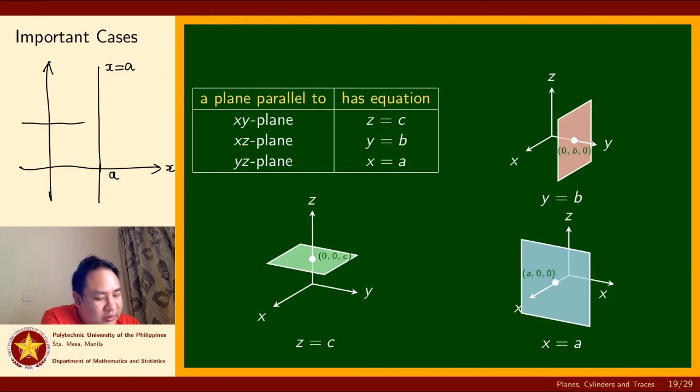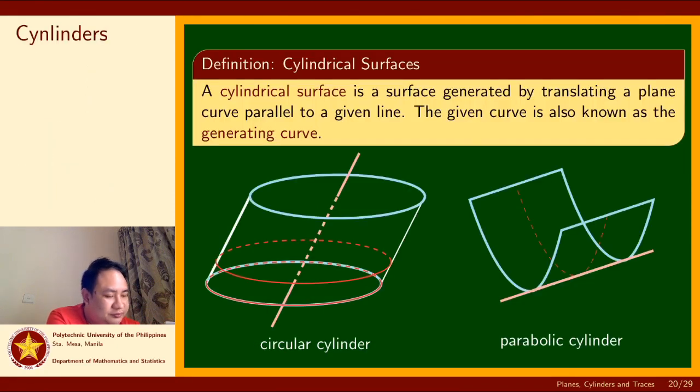Kung ang line naman ay horizontal at dumadaan siya dito sa b, ang equation nito ay y equals b. So, parang ito yung natural extensions ng idea na yun. Okay? The equation for a general plane will be discussed later in full detail. For now, we will just be considering these basic cases.